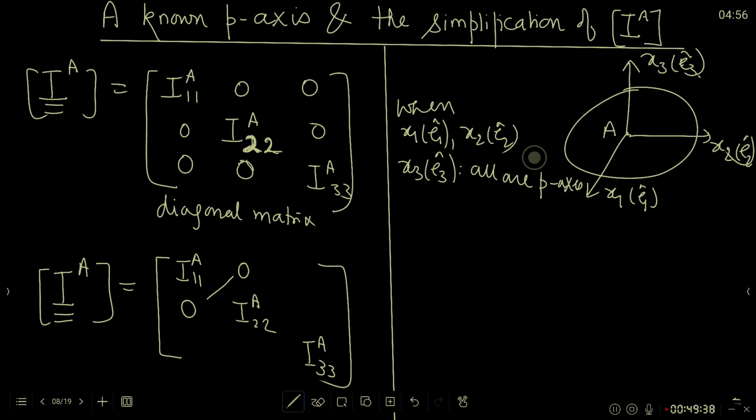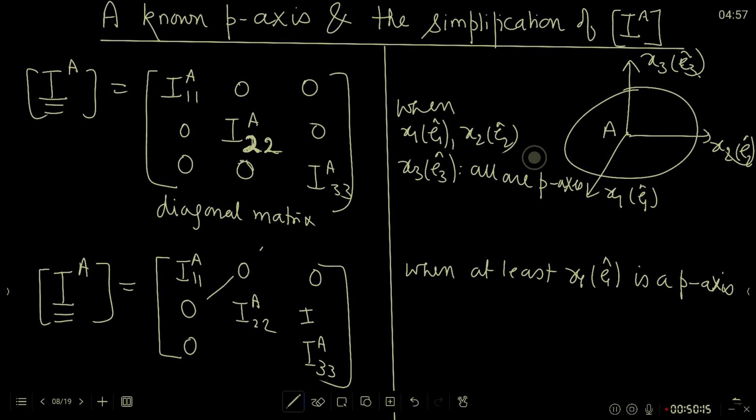I am talking about when at least x1, e1 is a p-axis. That case I am trying to simplify here. So x1, e1 is the principal axis, IA12 and IA21 are 0, IA13 and IA31 will also be 0. Right? Anything else we can set as 0? No. If you don't know any more p-axis, without any further information, you should retain these as non-zero.